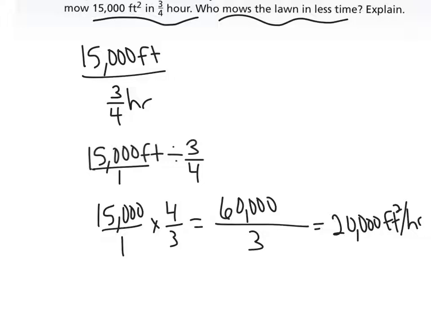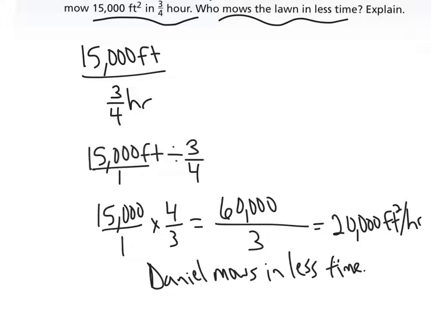Back on example 2, Bronwyn's rate was 18,000 square feet per hour. So from this we could say that Daniel mows the lawn in less time. Regardless of the size, his unit rate's higher, and so he's going to mow faster.